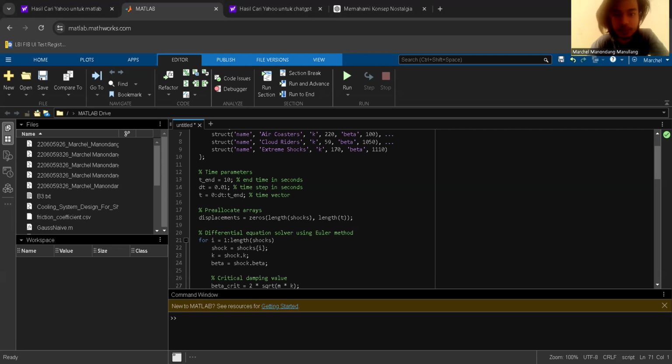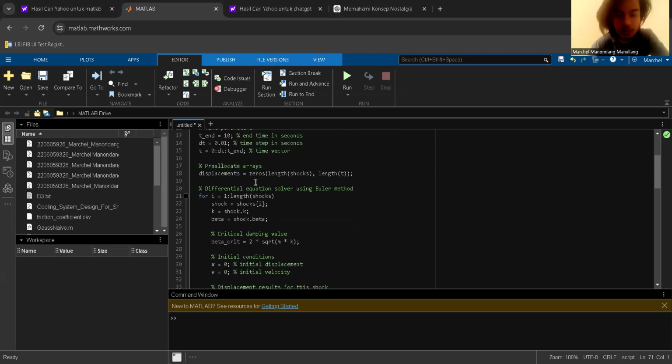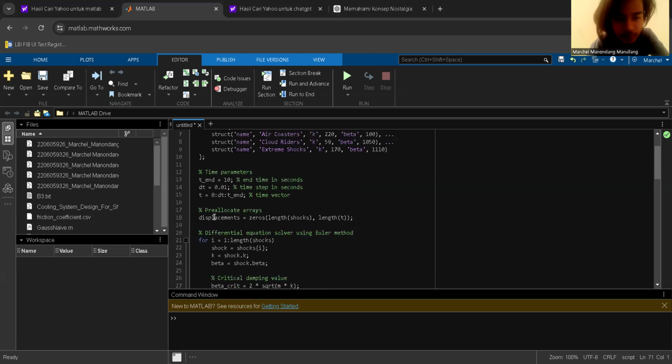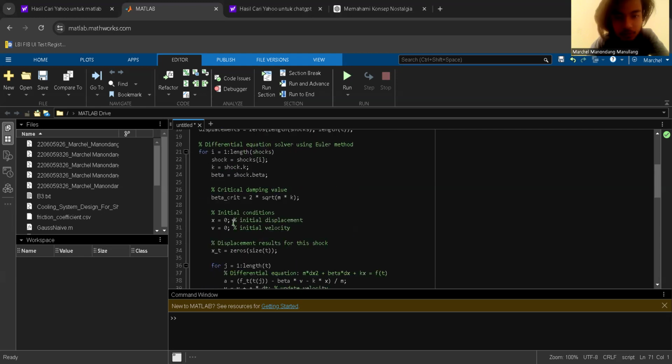And here for the mathematical formulation, the differential equation is solved using the Euler method, with displacement and critical damping value, where we're going to use a simple equation like 2 times the square root of mass times damping coefficient, with the initial condition of initial displacement and initial velocity both being 0.